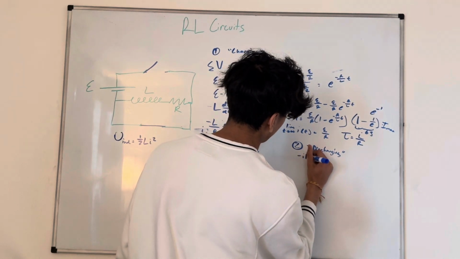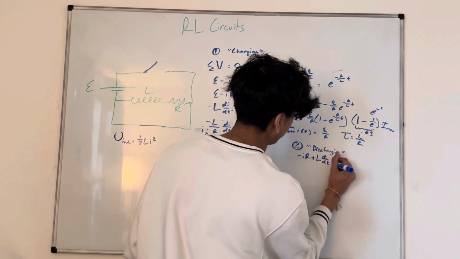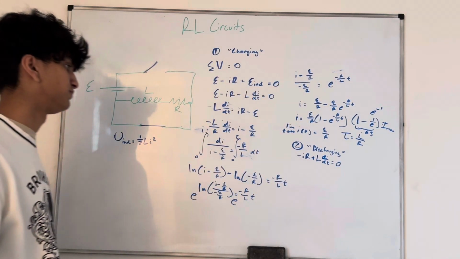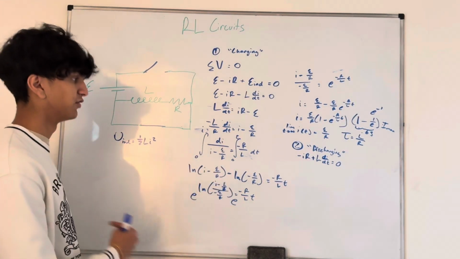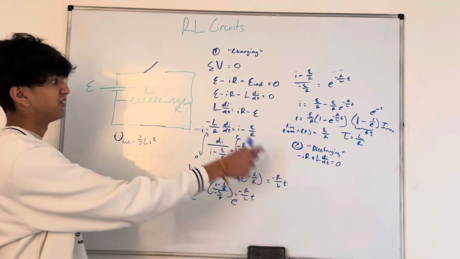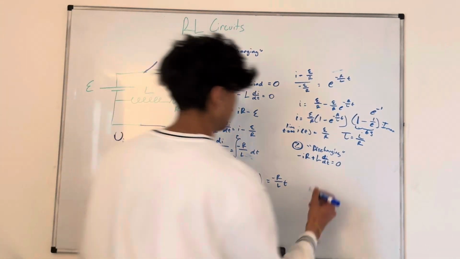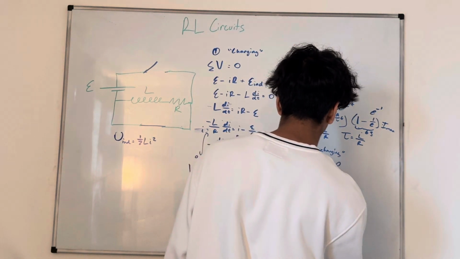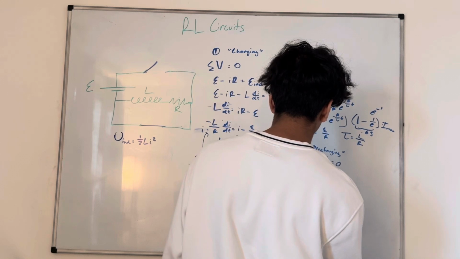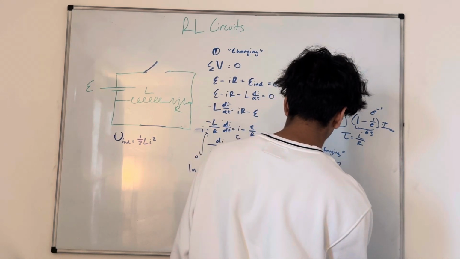Minus IR plus L di dt. I know it's going to be positive because my current will end up decreasing, so this will be negative. So when you have your negative L di dt, it becomes positive again. So this one's not too bad. You could say L di dt equals IR, or in other words, di over I is going to equal R over L dt. Integrate both sides.